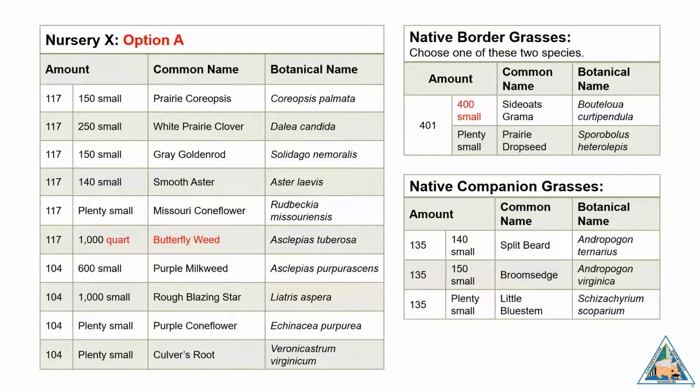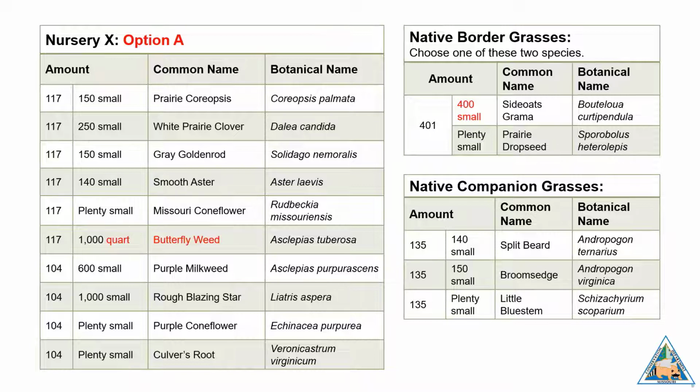Now, considering plant availability, that was another criteria. I looked at several nurseries that had the plants that were going to be in stock for when I needed them. So the far left column of the table shows the amount of plants I needed. And the next column shows how many plants were in stock at this particular nursery that would be available for when I needed them for planting.